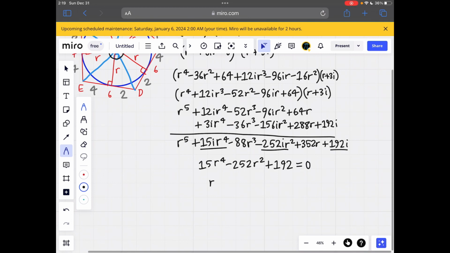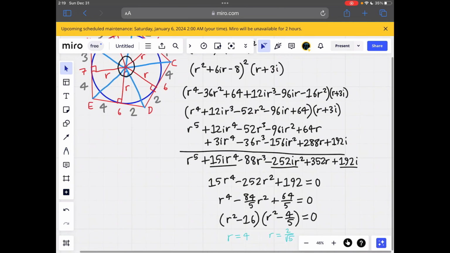Now divide by 15, you're going to get r to the fourth minus 84 over 5 r squared plus 64 over 5 is equal to 0. And this factors as r squared minus 16 times r squared minus 4 over 5 equals 0. So if r squared equals 16, then r equals 4. If r squared equals 4 over 5, then r equals 2 over root 5.